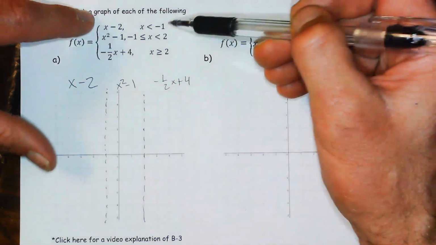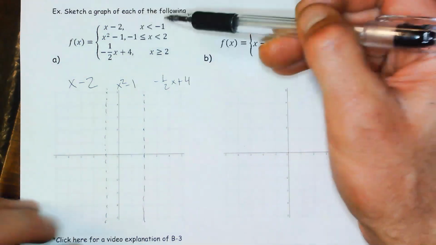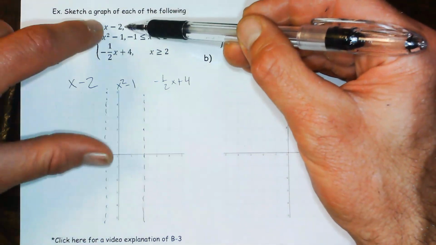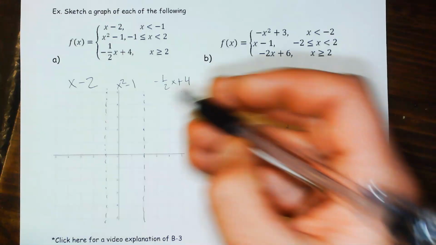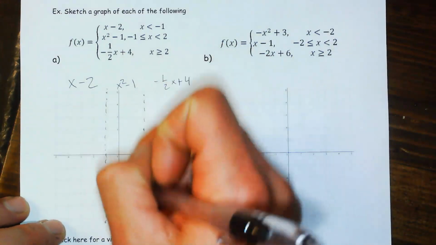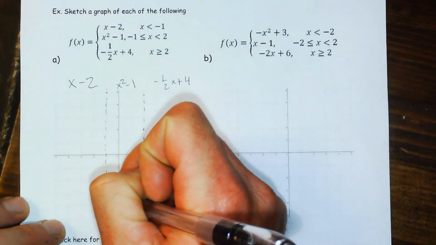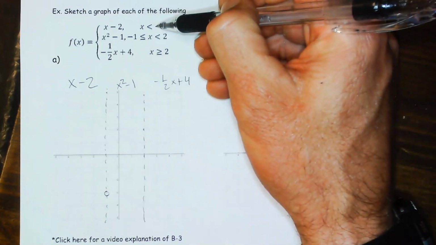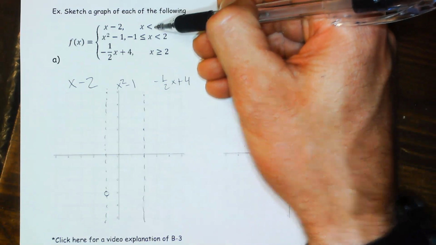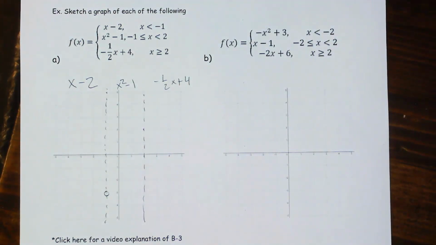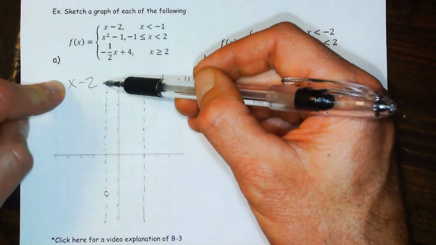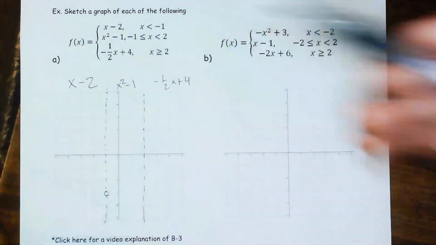Basically, if I plug in the point -1, -1 minus 2 is -3 in this first equation. So I'm going to go to the point -1, -3, and I'm going to put an open dot because that is a less than sign. Then this line is just a regular line with a slope of +1.